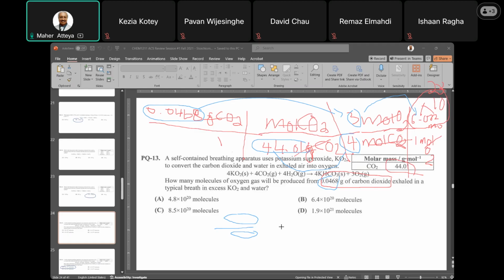If you have time, punch this through and tell me what the value will be. Somebody has it? I want you to tell me which one would be the correct answer.